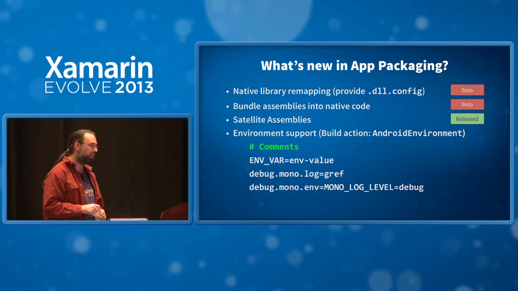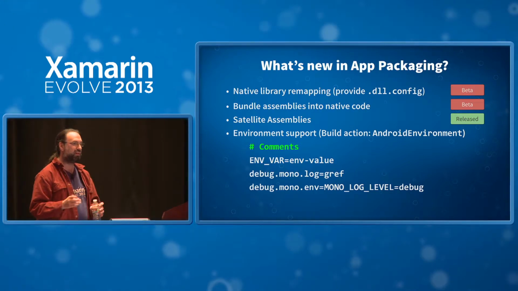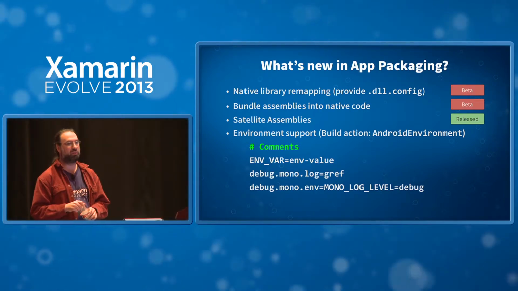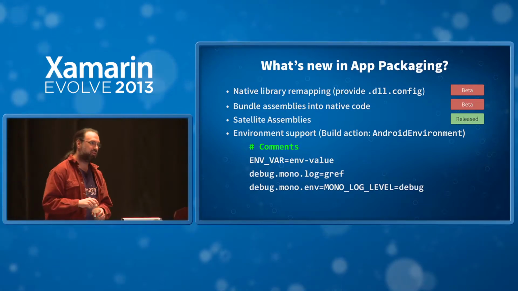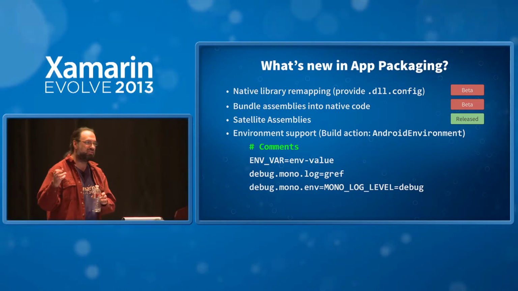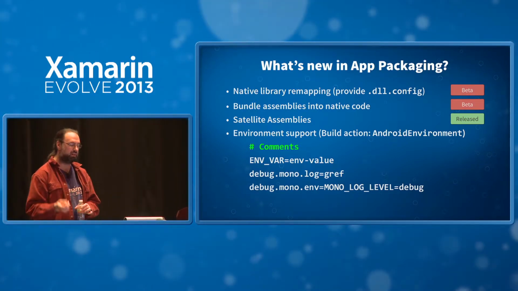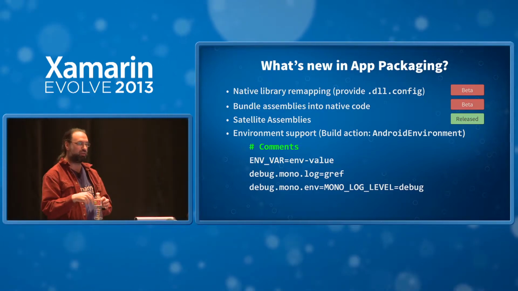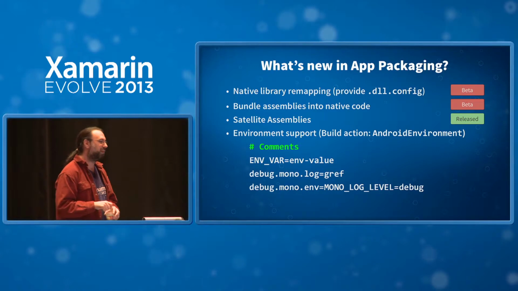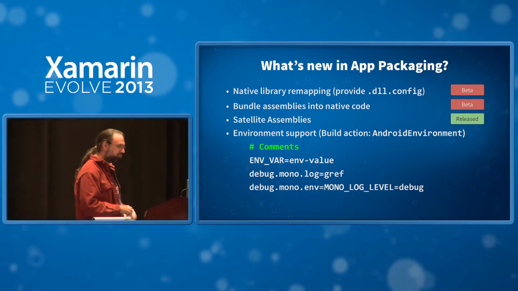And for a while, Mono has had a way to provide a .dll.config file, which is used to rename which native library we actually look up, so that you can use, say, the Windows GTK library name in your DllImport so that it runs nicely on .NET, but you can provide a config file and it'll look for the GTK Unix library or something when running on a different platform. So we are now providing support for that.